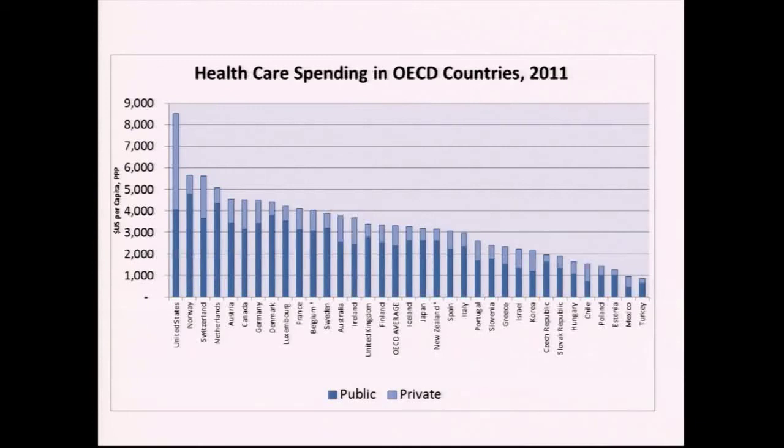But the striking thing to me is that the amount per person that we spend through public programs exceeds the entire spending of many other high-income developed countries: Sweden, Australia, Ireland, and the United Kingdom. Those are the ones I've highlighted here. So just the amount we spend on our public programs, which cover less than half of the population, exceeds the entire spending of many other high-income countries. To me, in some ways, that's the most surprising thing, or puts it into context.